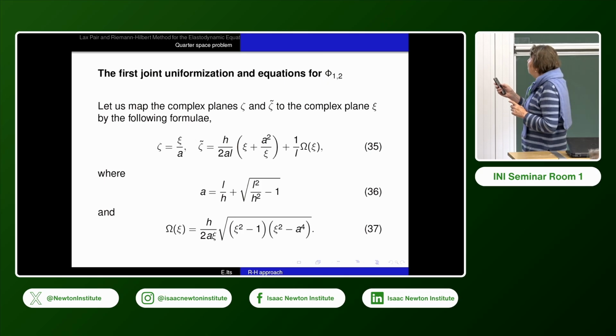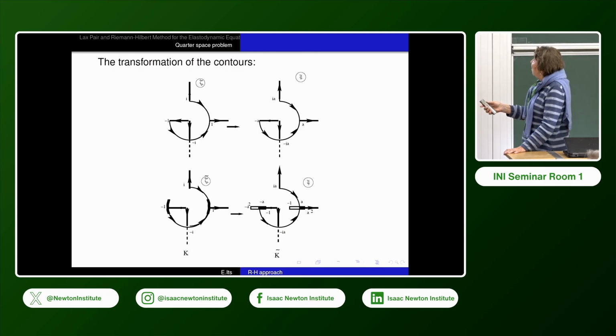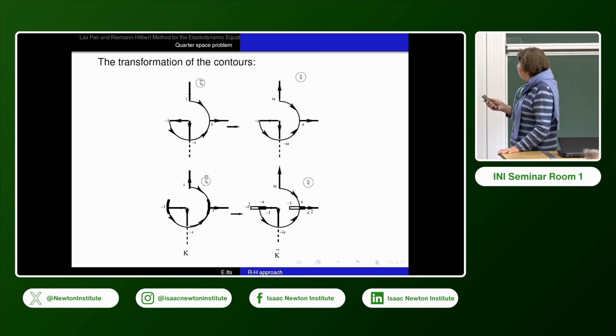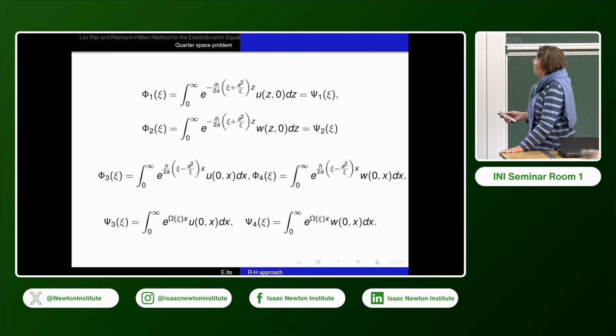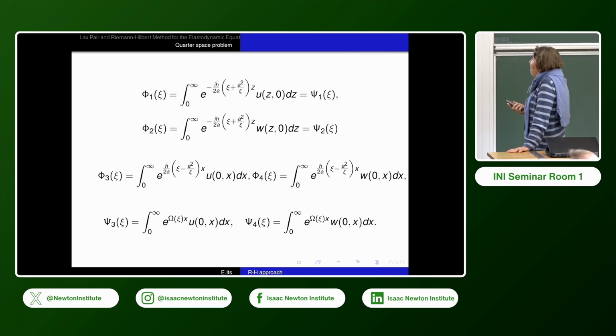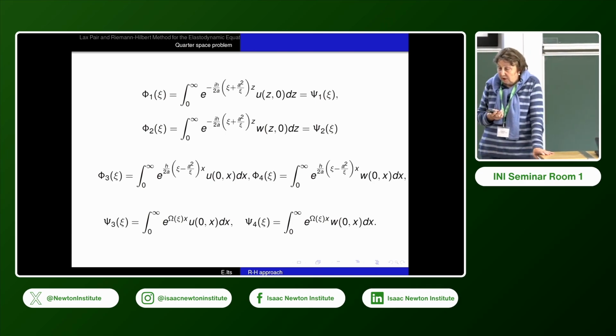That gives us a certain map, and the map transforms the contour in this way, and that's what I was talking about, the same phi function. As a result, we obtain the set of now 6 unknown functions, which describes the solution.